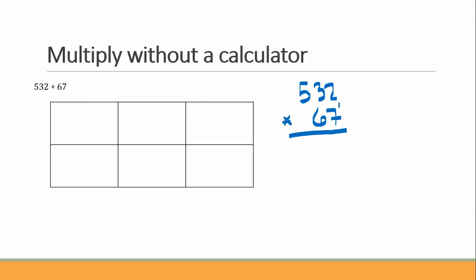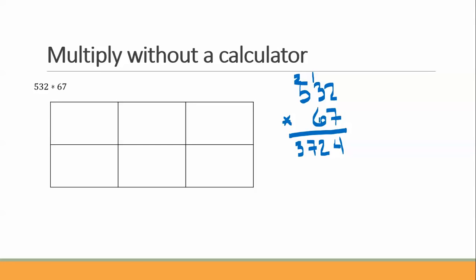So first we'll multiply the 7 times 532. 2 times 7 is 14, so we have a 4, and we carry the 1. 3 times 7 is 21, and we have to add that 1, so that's 22, and we carry the 2. 5 times 7 is 35, add 2 is 37.